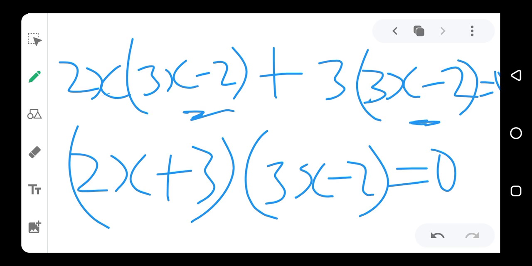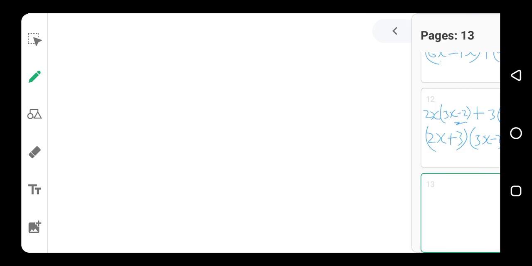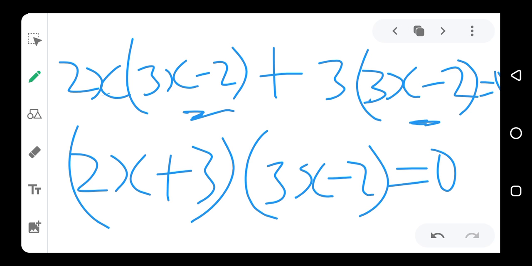Now with this, the two brackets are now a product. So we equate each of them to 0. And so we have that either the first one is equal to 0 or the second one is equal to 0.